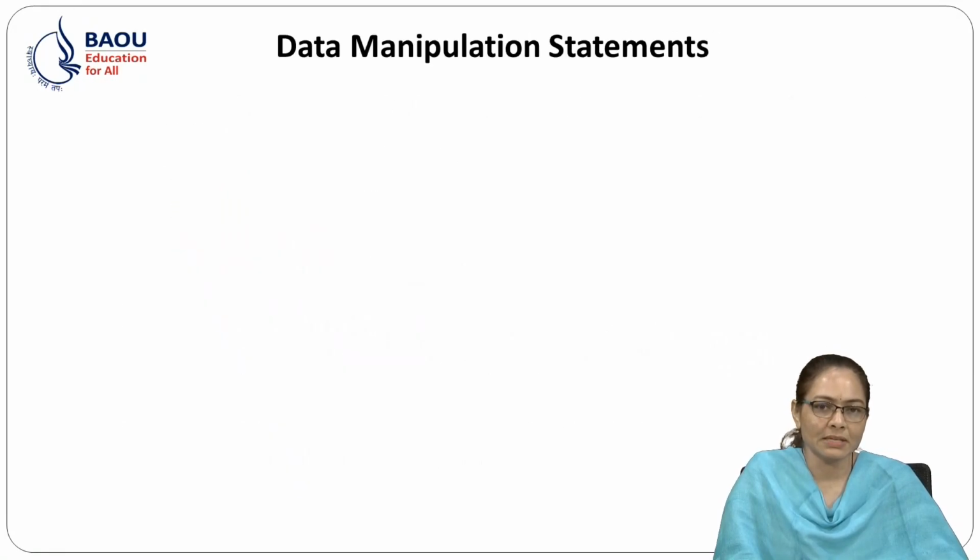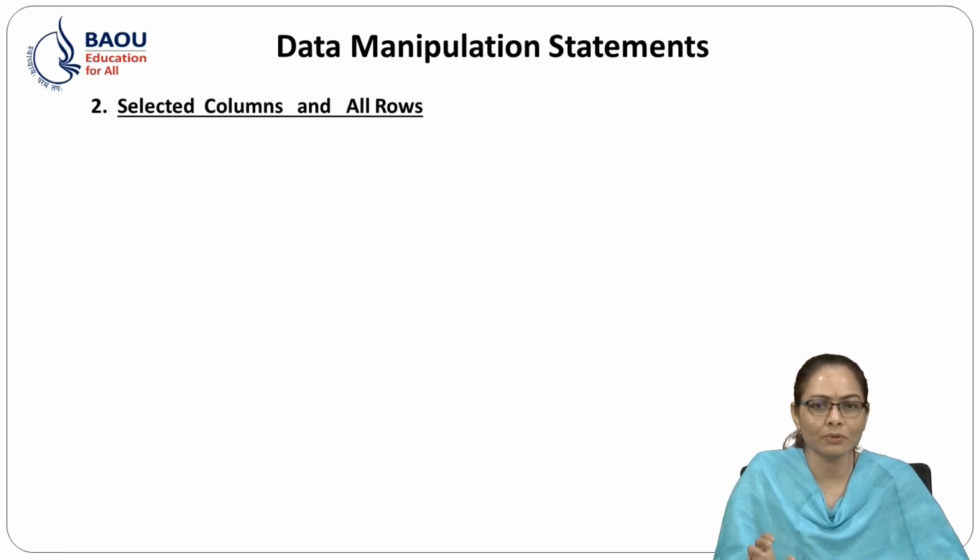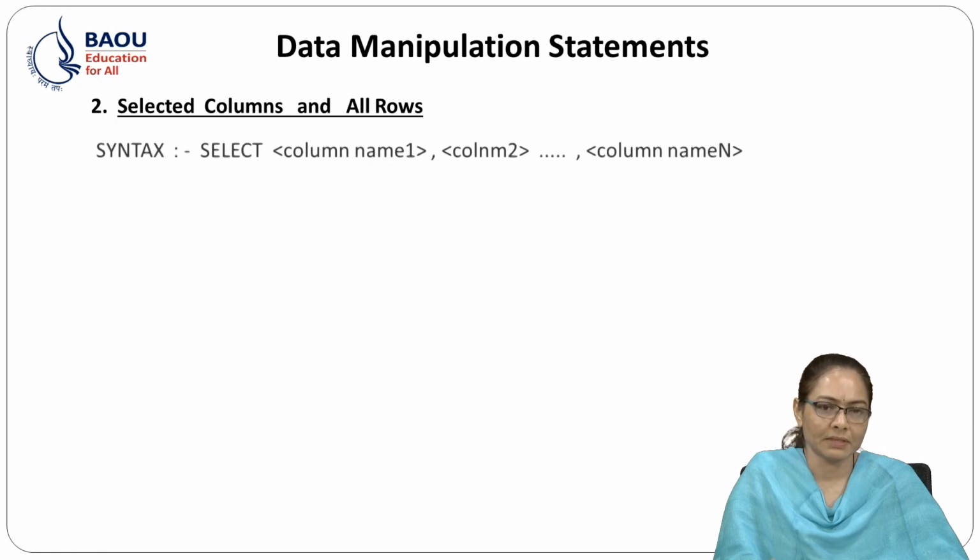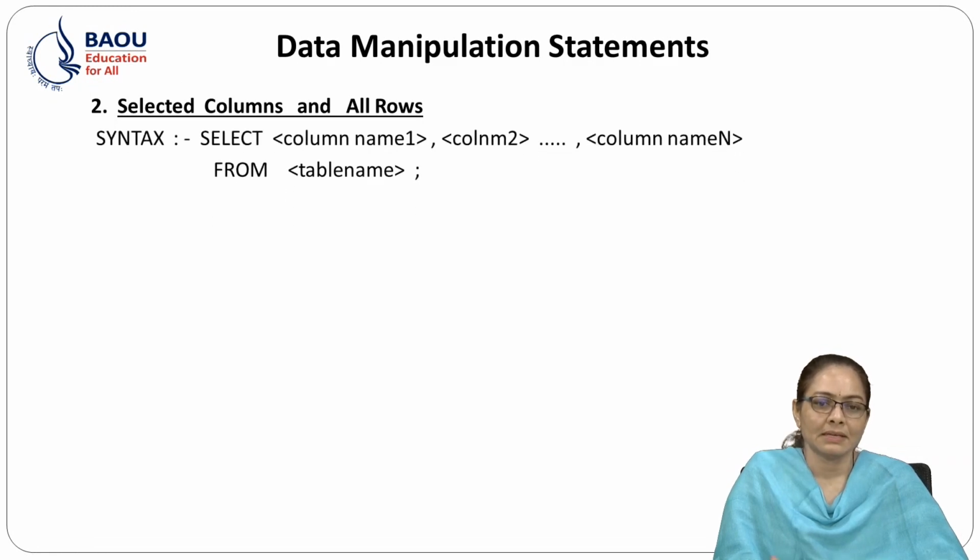Now the next one is selected columns and all the rows. How do we write the select command to display the selected columns and all the rows? See, the syntax is select column name 1, comma column name 2 up to column n from table name.